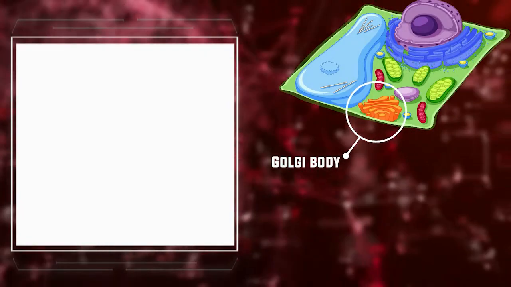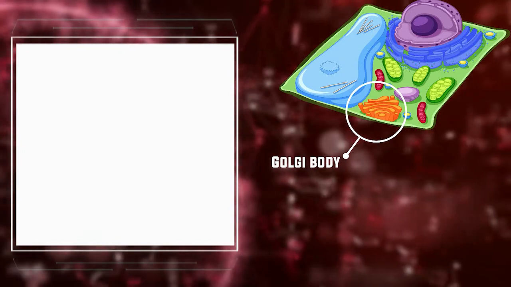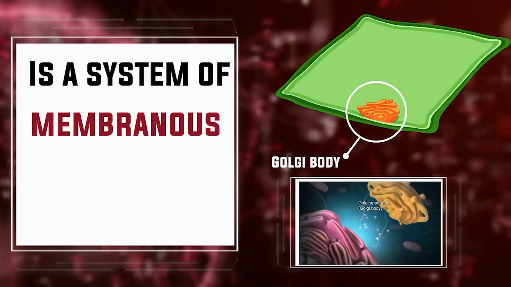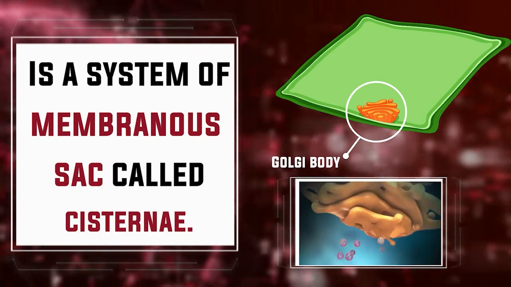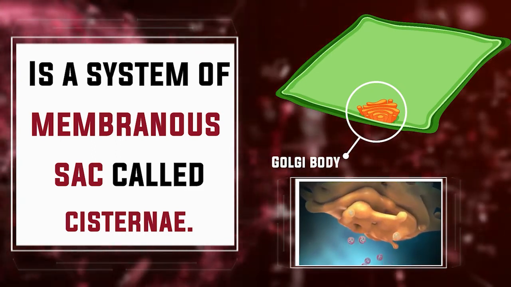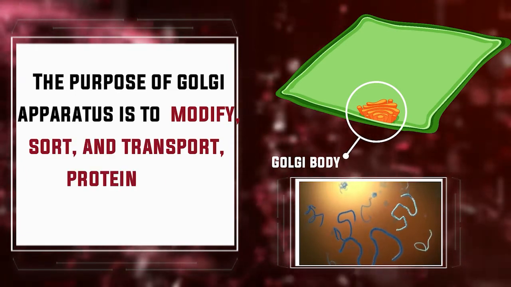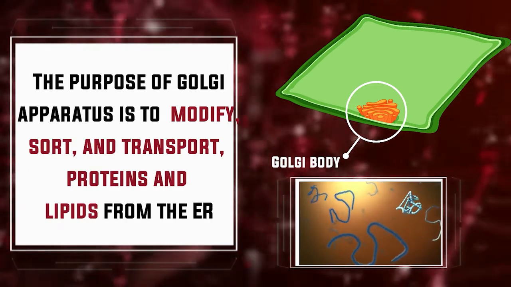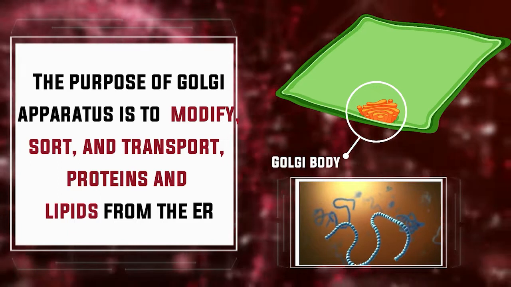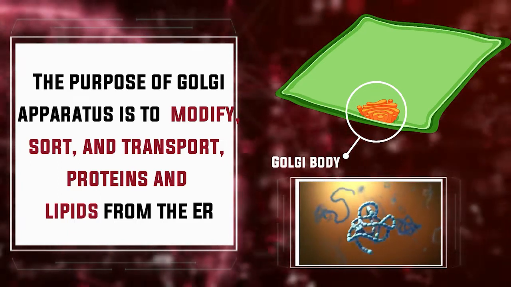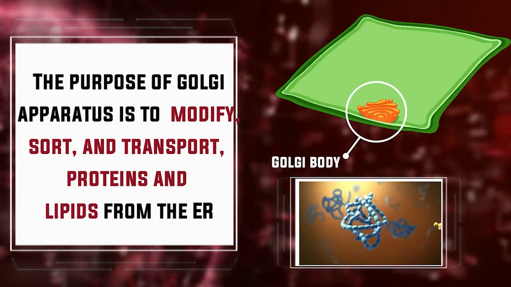Next is Golgi apparatus, or Golgi body. Golgi apparatus contains a system of membranous sacs called cisternae. It is an organelle that contains special enzymes that modify, sort, and transport proteins and lipids from the endoplasmic reticulum.